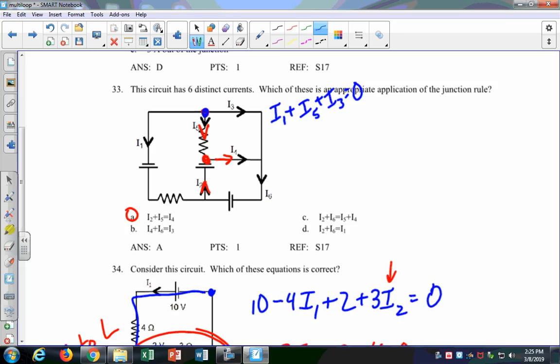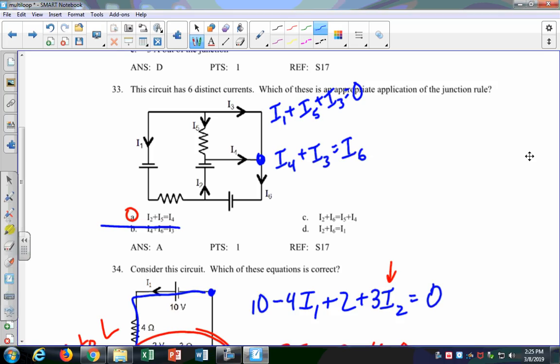Because they're all outgoing currents. Well, let's look at these. I4 plus I6 equals I3. Where's 4 and 6 and 3? Okay, yeah, it's right here. I have I4 and I3 coming in, so it should be I4 plus I3 equals I6. And that's why that one's not right.